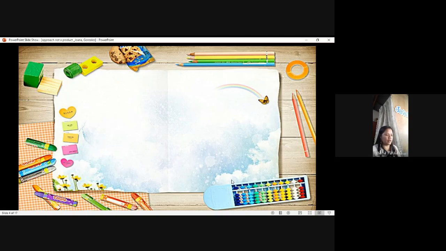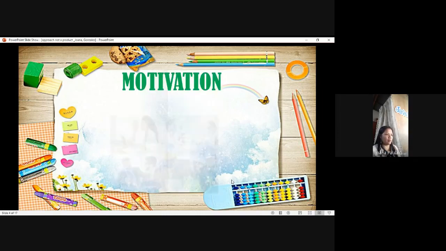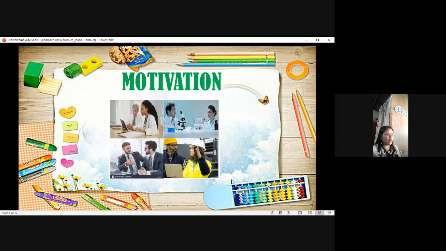Okay, very good. Before we start our new lesson, I have here a picture. What can you say about this picture? And what are they doing? Very good.